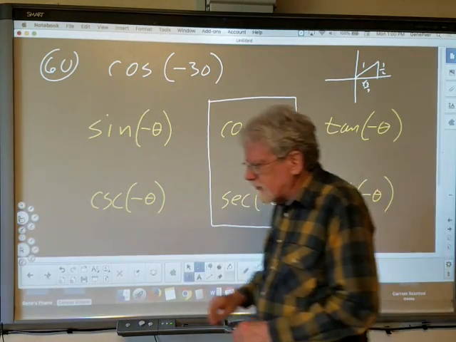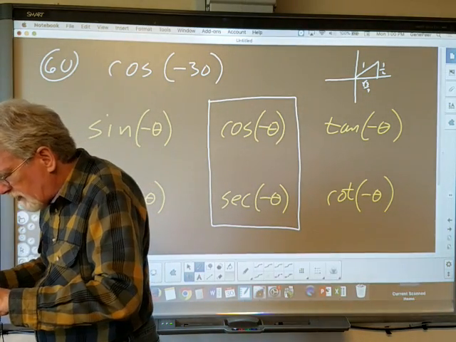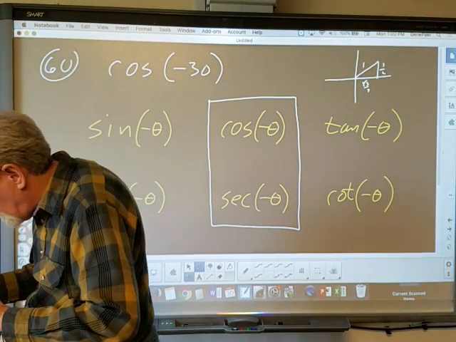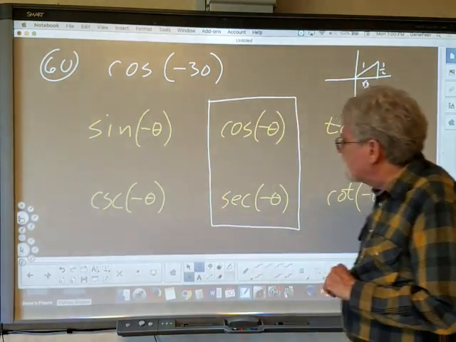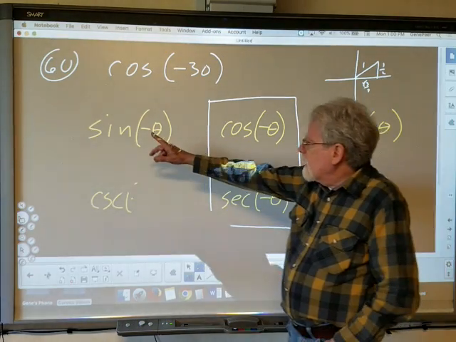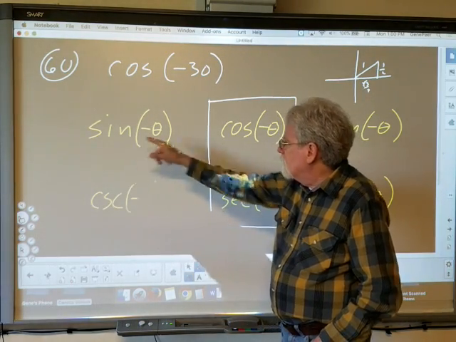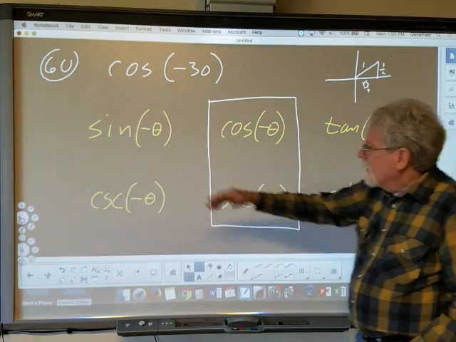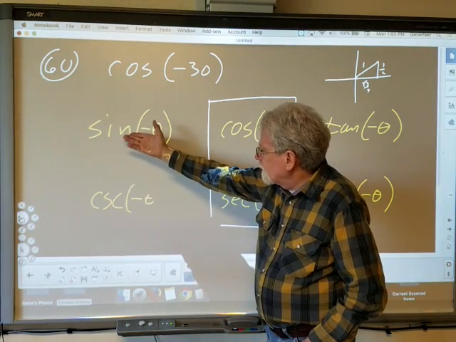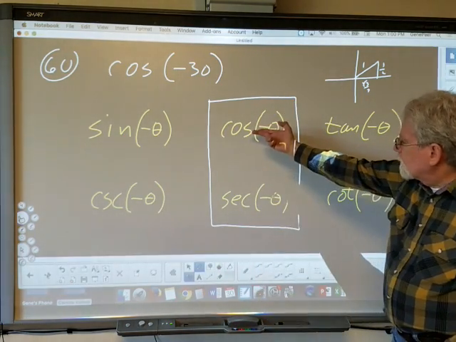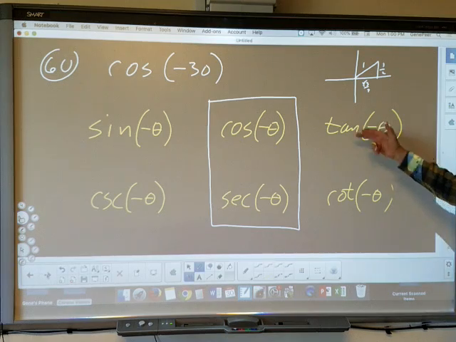We saw this pattern spelled out for us at the bottom of page 382. You should have your books handy. If you write these in their natural order, what I call natural order, sine, cosine, tangent, and their reciprocals right under them, reciprocal of sine, cosecant, reciprocal of cosine, secant, reciprocal of tangent, cotangent.